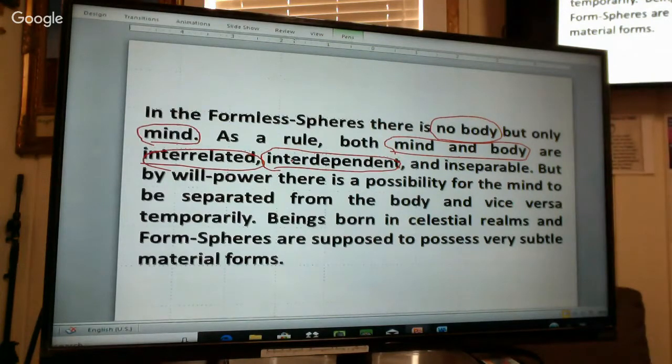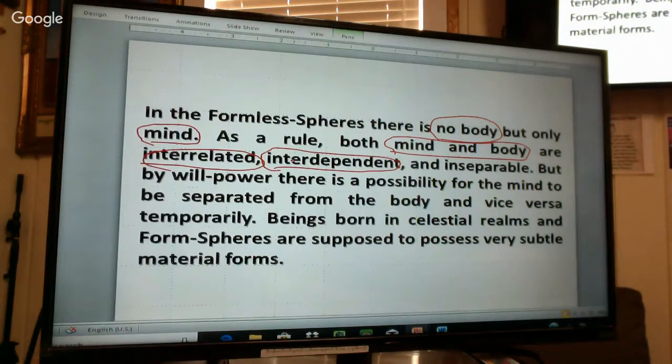But some people who practice meditation survive longer, more than 70 days. So in the formless sphere also, they have no need of food because they have no body, just mind and mental factors working.